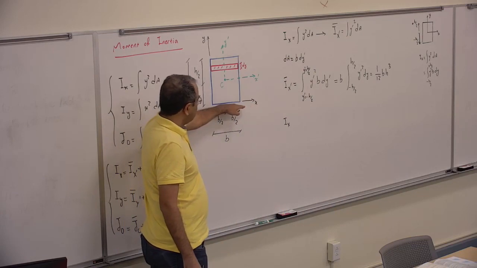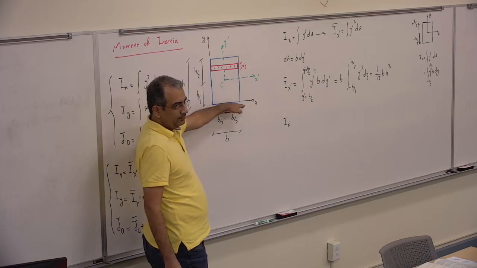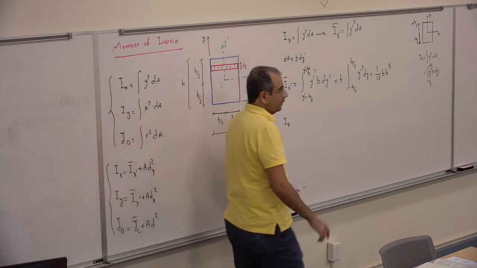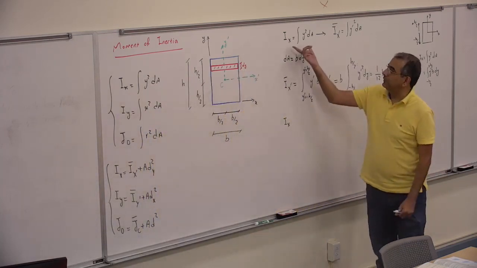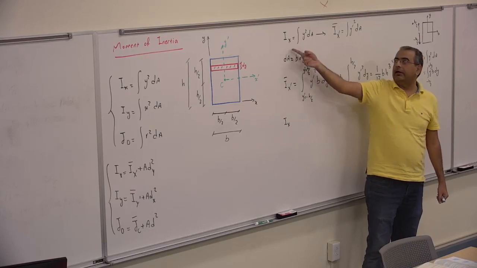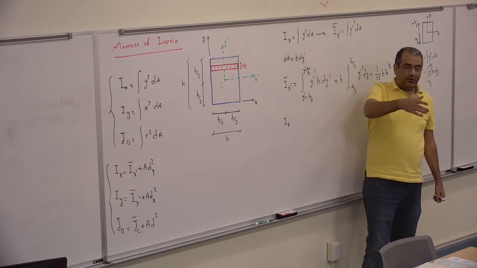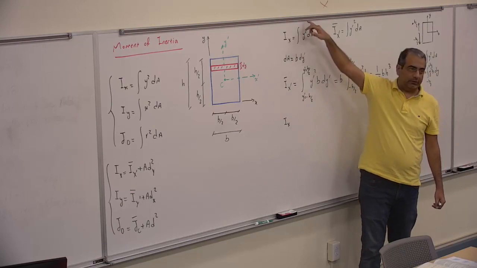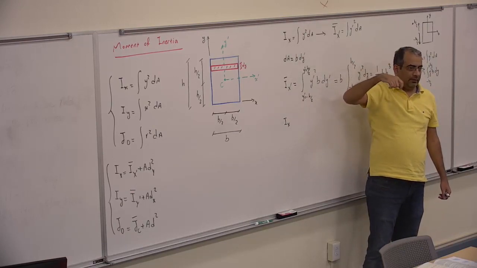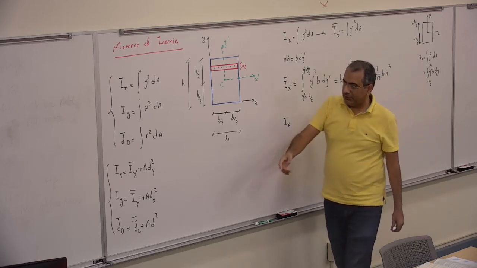I want to know how much it's going to be about the x. One way of doing that is to calculate the integration again, this time with y going from 0 to h. But there's an easier way, using this equation.